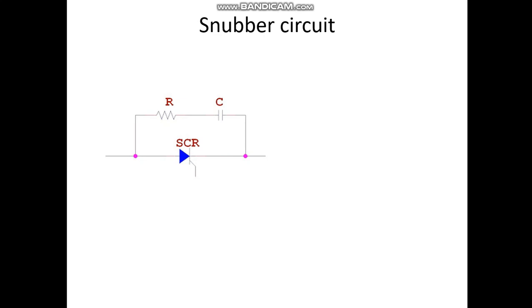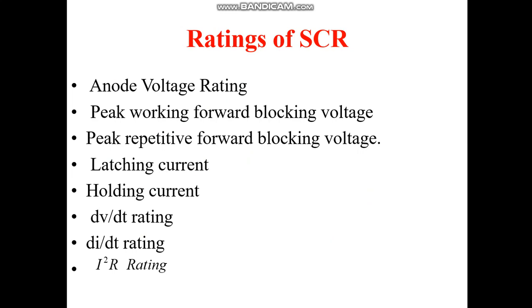Why do we need the dv by dt rating or snubber circuit? Because dv by dt and di by dt are associated with the turn on of SCR due to malfunction or temperature conditions, so we protect the SCR from unwanted turn on and turn off conditions.